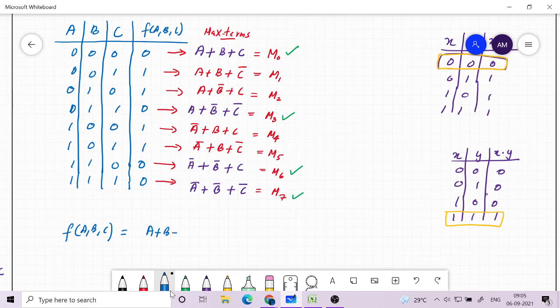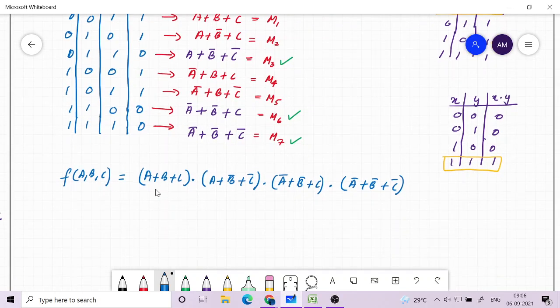It is the same function which we wrote earlier, but now we are saying a plus b plus c could be 0, or a plus b bar plus c bar could be 0, or a bar plus b bar plus c dot a bar plus b bar plus c bar. Okay, now here it is an AND operation I have taken.